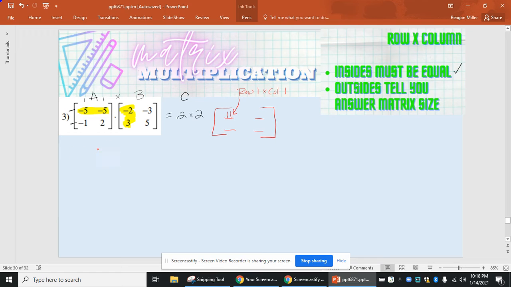So what I mean by that is we're going to take -5 and multiply it by -2. And then we will add that to -5 multiplied by 3. So -5 times -2 is 10, plus -5 times 3 is -15.